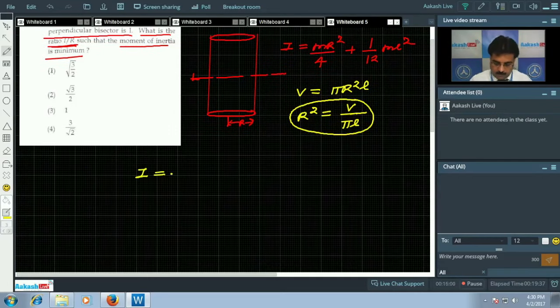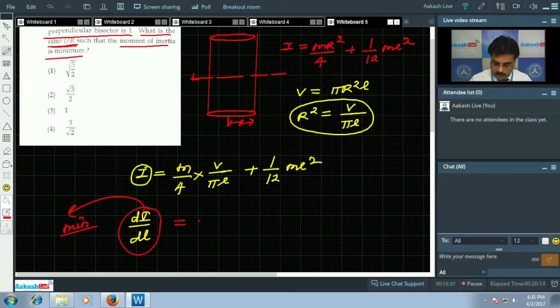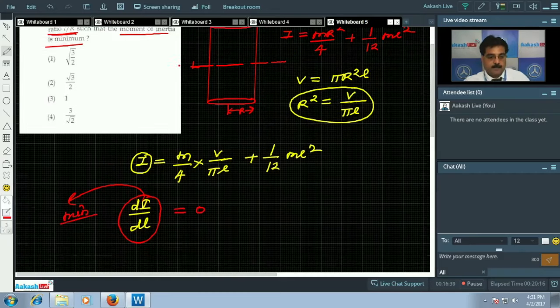So the expression becomes m by 4 times v upon pi L plus 1 by 12 ml square. Because the question says moment of inertia is minimum, with respect to the length, if I use the condition of maxima and minima, we can take dI over dL is equal to 0. Am I right?